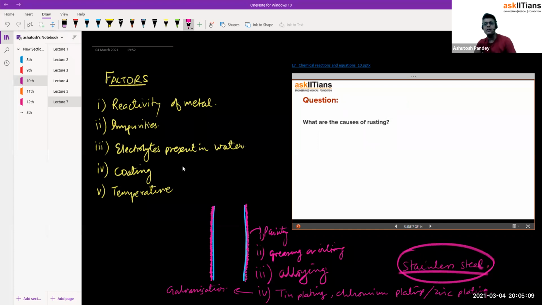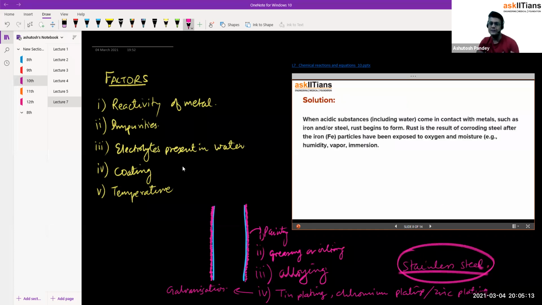Next question: what are the causes of rusting? The answer: when acidic substances, including water. So how is water going to behave like an acid? There is some CO2 present in air. Due to the presence of CO2, it will form H2CO3, carbonic acid, and this H2CO3 then dissociates into H+ and HCO3-.